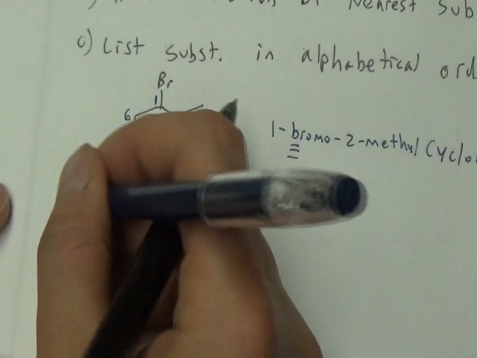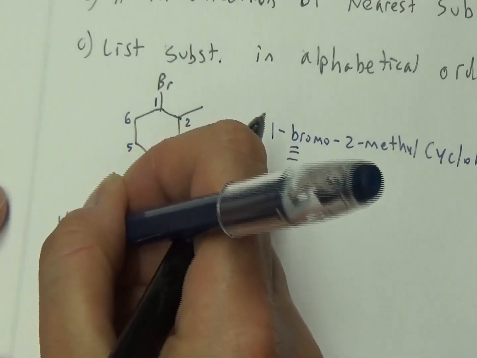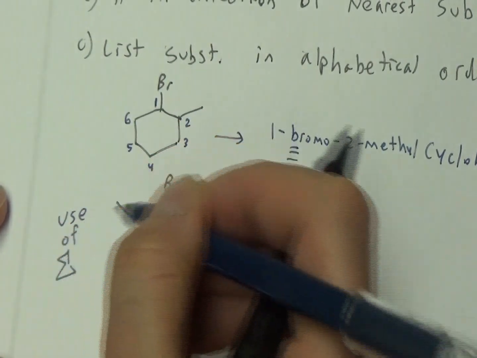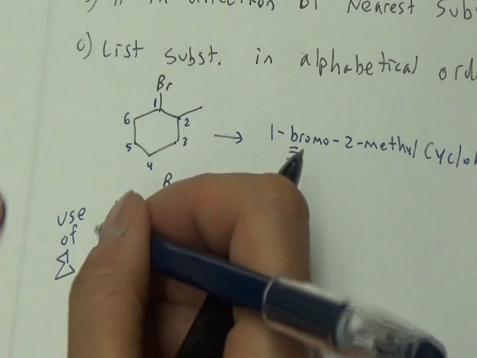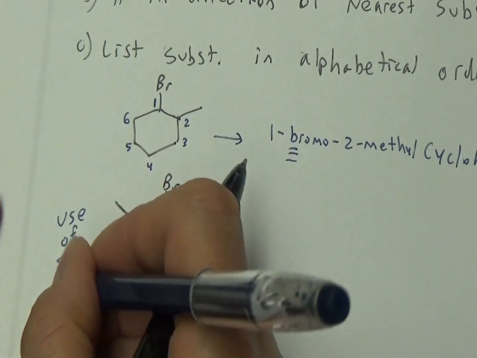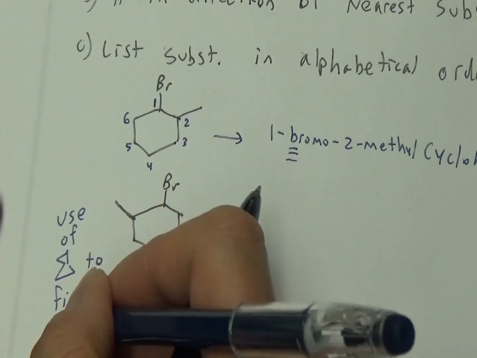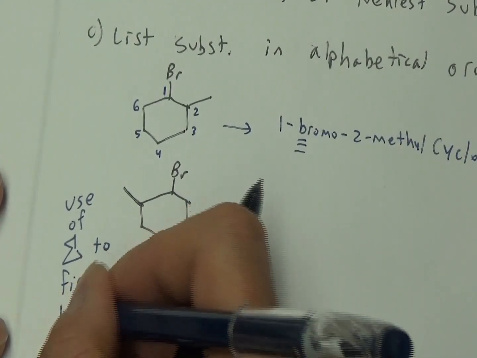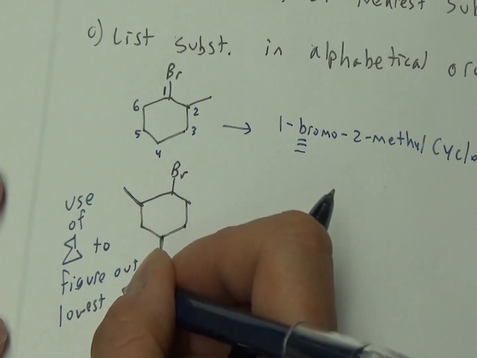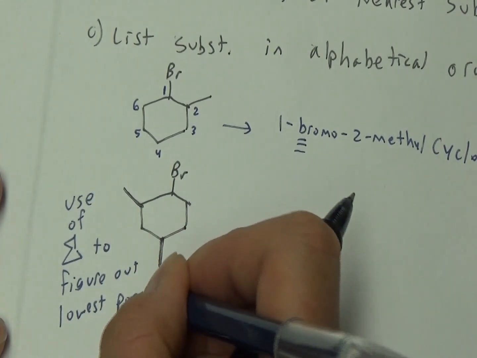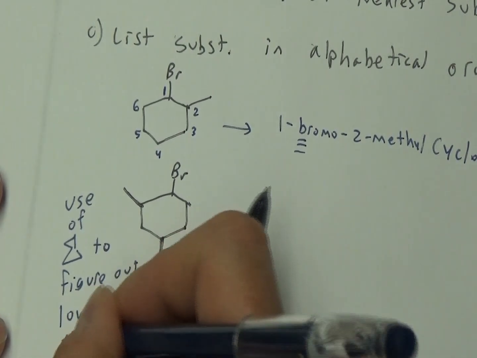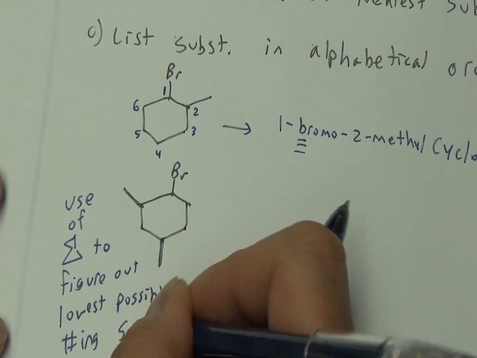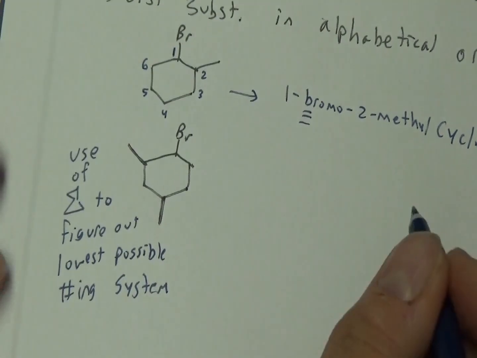I like to use the sum to figure out the lowest possible numbering system. Okay, what does that mean? That sounds scary.